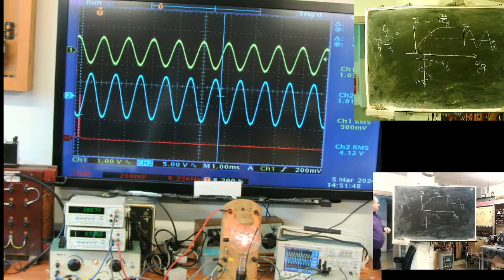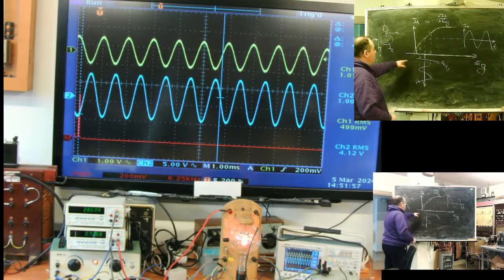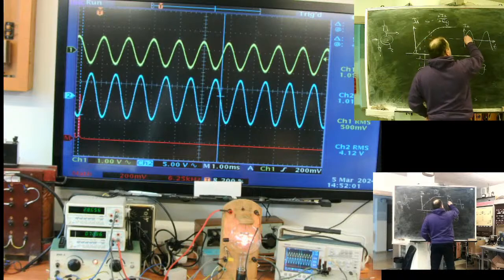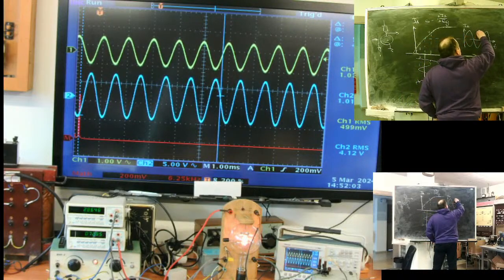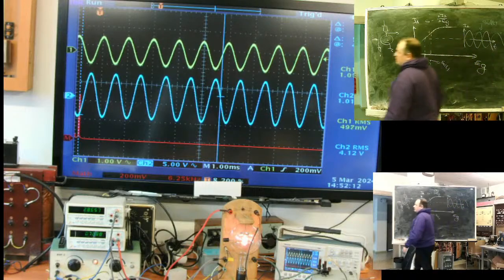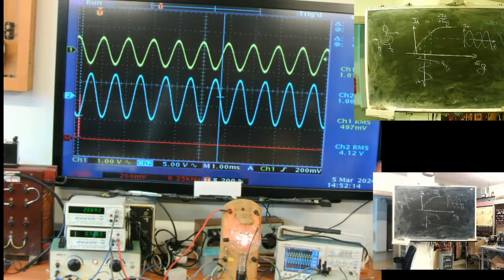If resistance decreases, what will happen with this voltage? Goes down. And I can draw it in a mirror. This one is SY. See? Output is input but amplified.